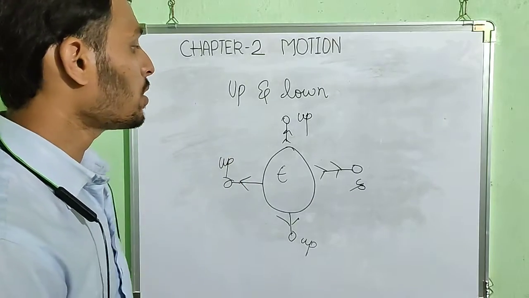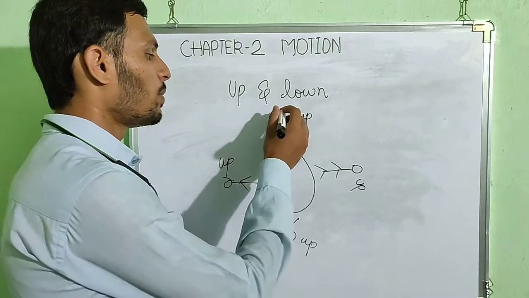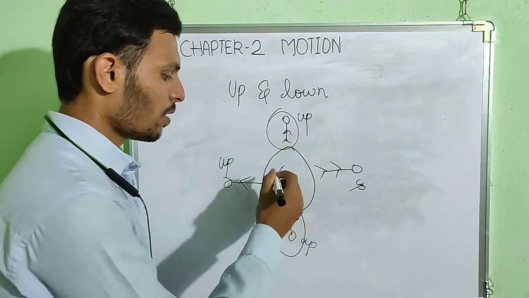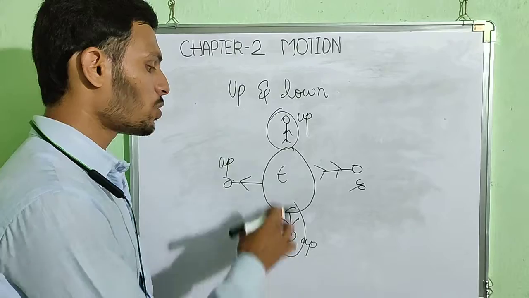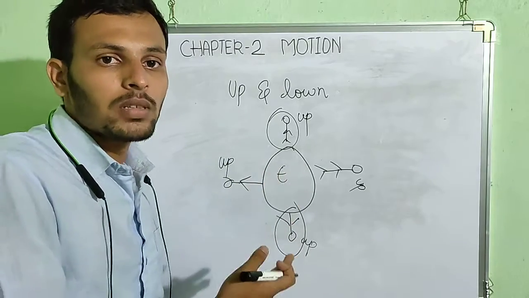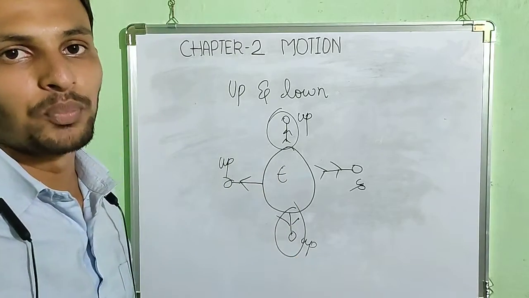Now you shouldn't consider the person from here to here. You are not supposed to consider these two positions of the persons together.